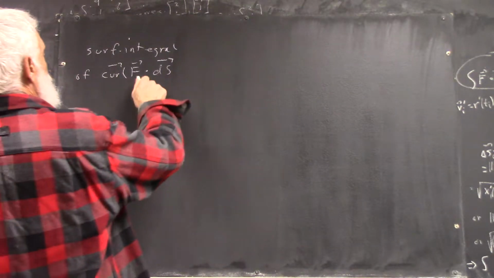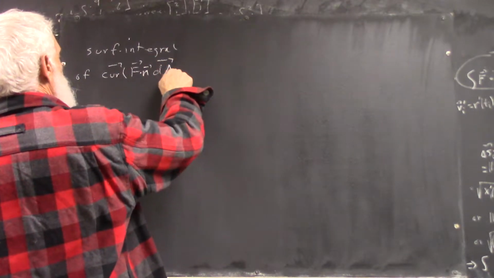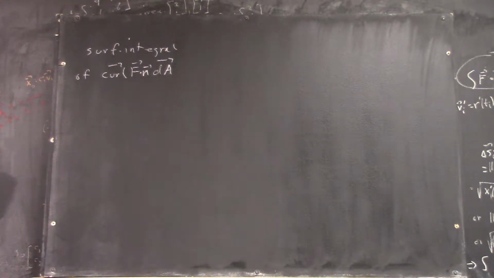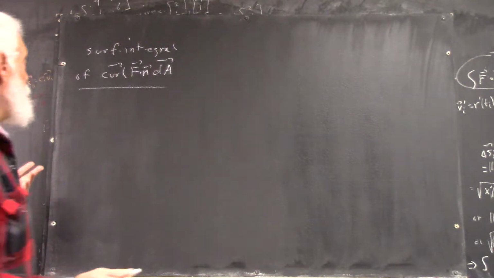I guess maybe I better do curl of F dot n dA, to avoid confusion with notation, okay?